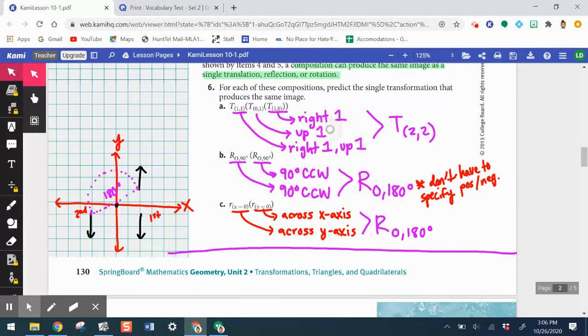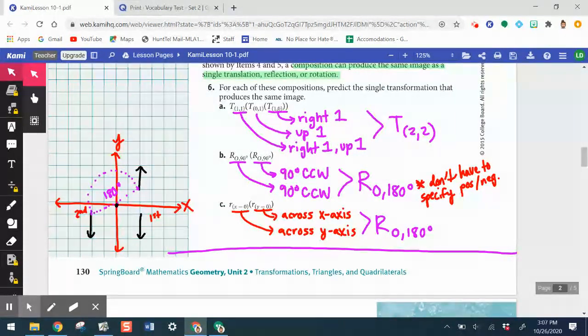So a combo of all three of these directions: right 1, up 1, right 1, and up 1. Well, look, we go right 1 twice, so that's technically right 2. And we go up 1 twice, which would be considered going up 2. So the simple way to write all of those transformations combined in one single translation is right 2, up 2.